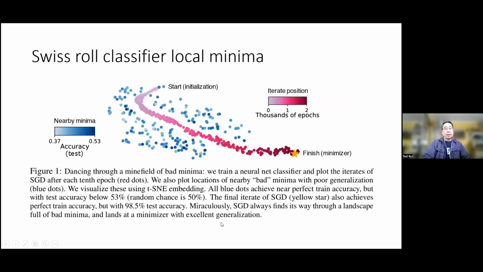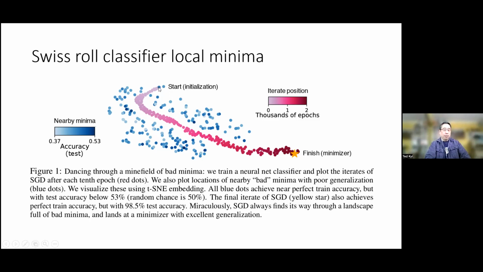So they tried this on the Swiss roll problem. If you're familiar with that, it's 2 spirals, so there are only 2 classes, binary classification. But Swiss roll is hard for smaller, simpler models because the classes are not linearly separable; the spirals intertwine. In this diagram, the red dots show the different points for this small, simple model.